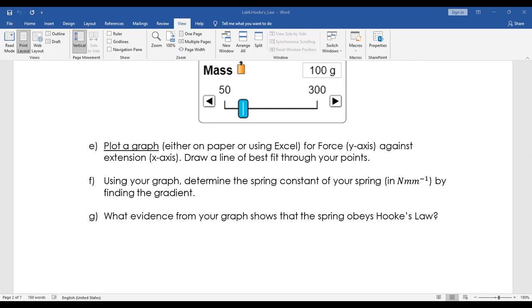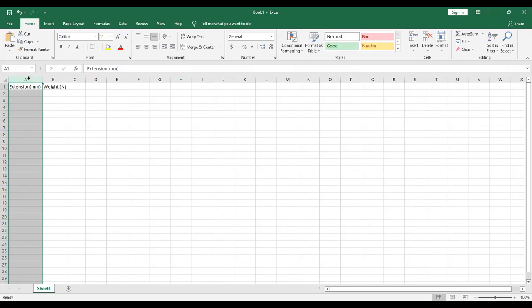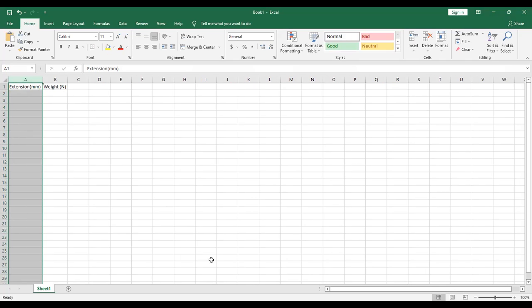Here in Excel, we have the extension in millimeter, and then the force, the weight, in Newton. I'm going to put in the values.